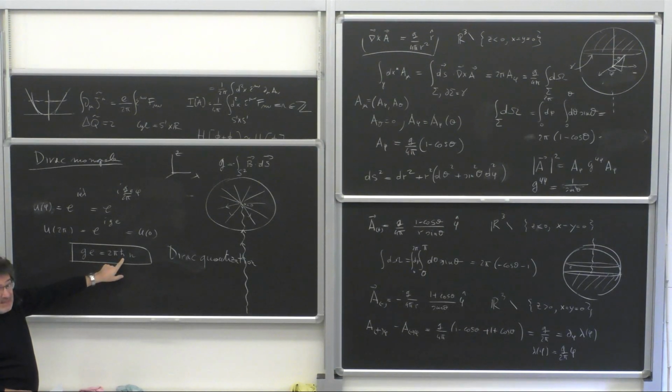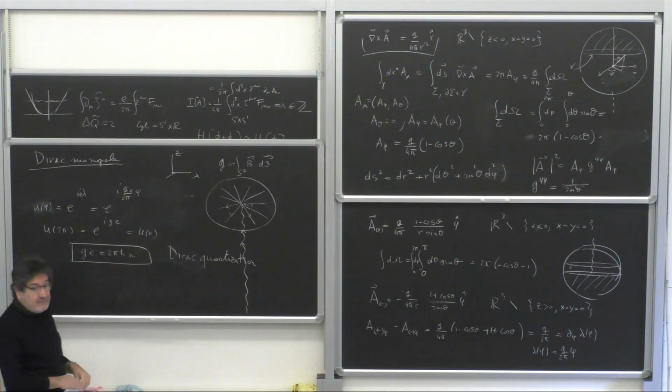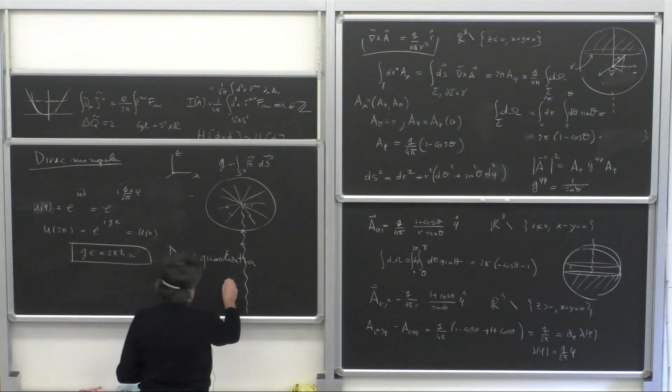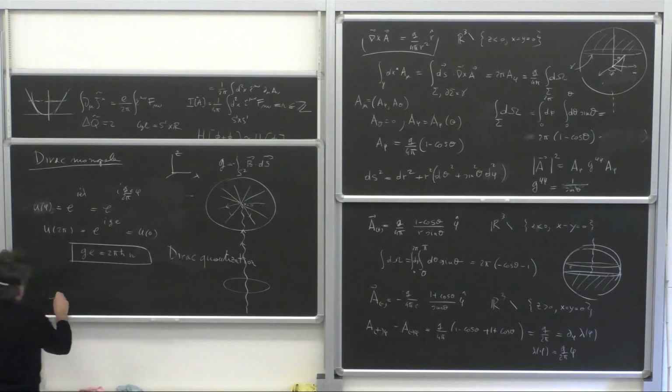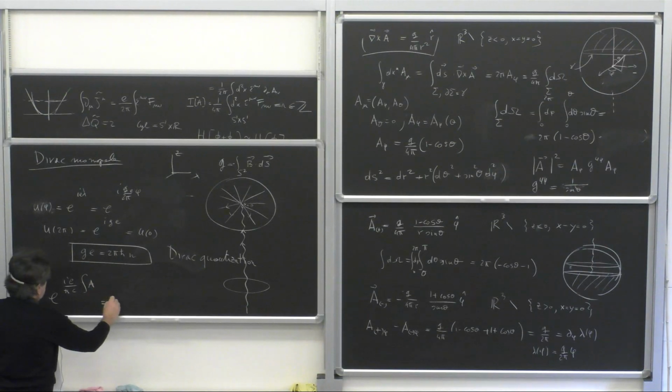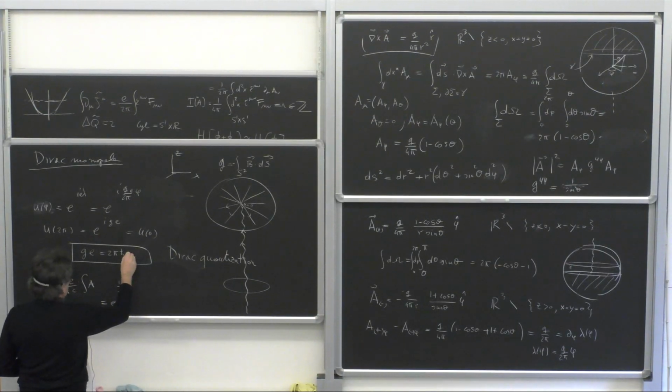At the same time, the string is invisible for a test particle. That is a calculation we did the other day. If I take a test particle, I get this phase, A, and there is a c here also.